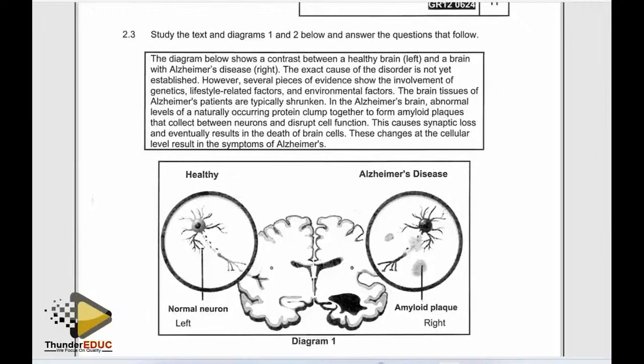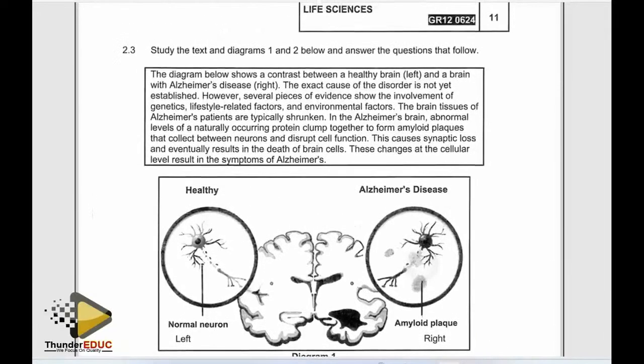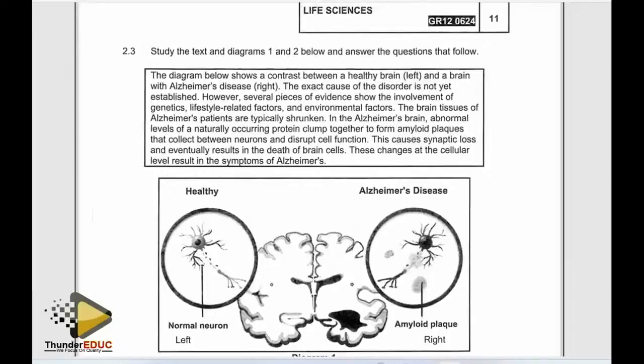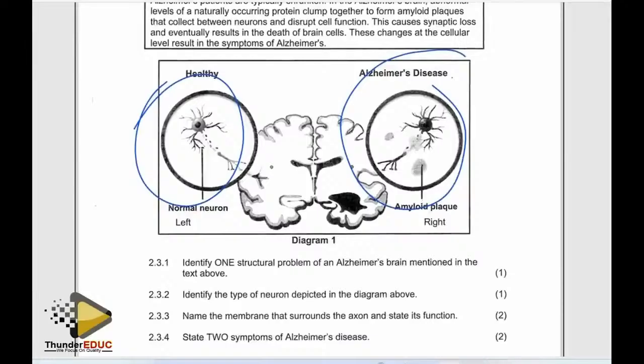2.3. Guys, you read this. The diagram below shows a contrast between the healthy brain on the left and the damaged one. They're just trying to explain what is here. Identify one structural problem of the Alzheimer's brain mentioned in the text above.